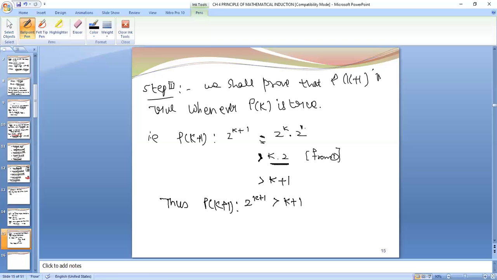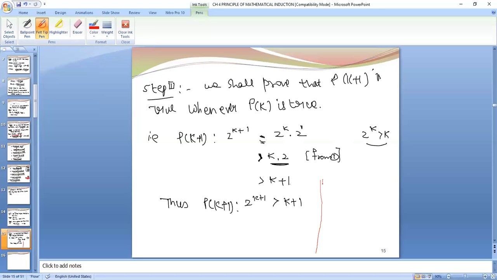So 2^k into 2 raised to power 1 can be written as 2 raised to power k plus 1. Now this 2 raised to power k is greater than k, so instead of 2 raised to power k, I am writing greater than k into 2 as it is. Now 2 into k, I am writing greater than k plus 1. Why am I writing so? This we will see.